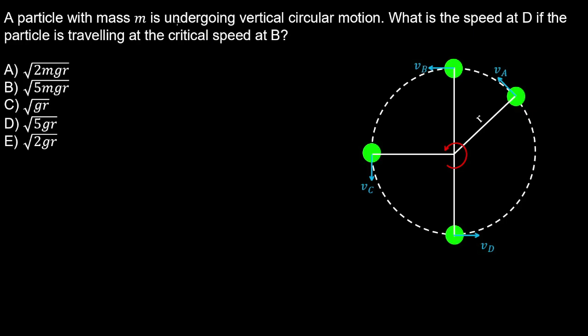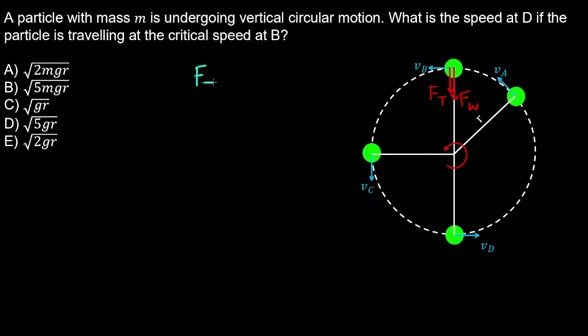A particle with a mass m is undergoing vertical circular motion. What is the speed at D if the particle is travelling at the critical speed at B? So recall at the top of the circle the force of weight and the tension force in a string both provide the centripetal acceleration.